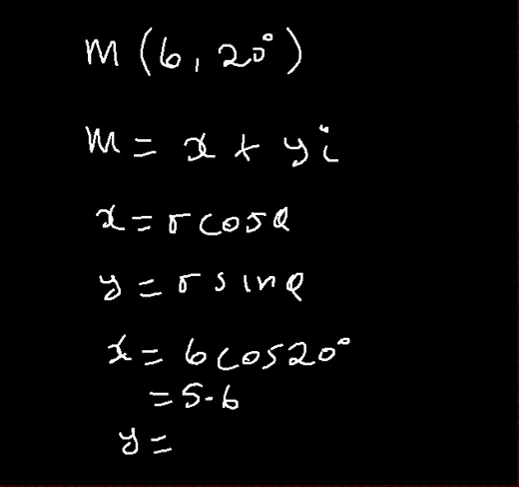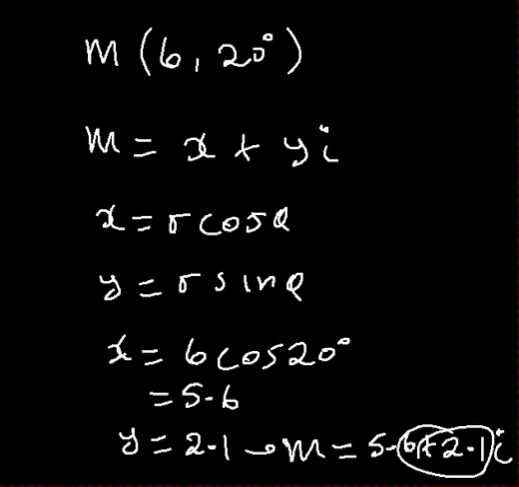And y is r sin theta, that is 6 times sine 20 degrees, which is 2.1. Therefore, m as the complex number will be given as 5.6 plus 2.1i, and this is how we have it in terms of the complex number.